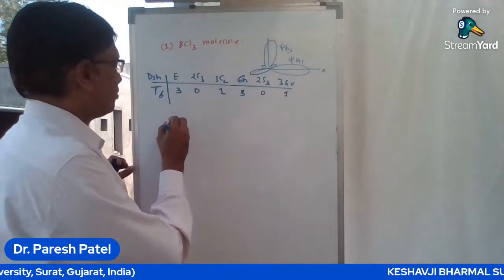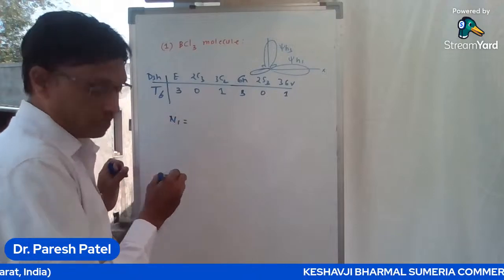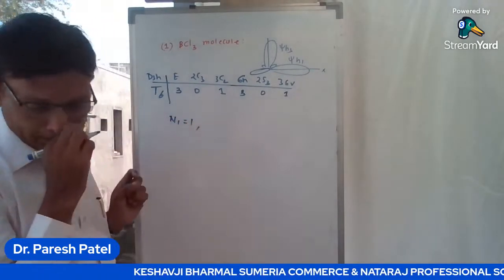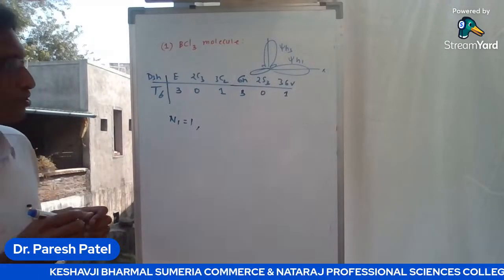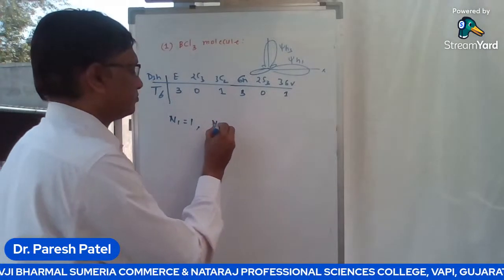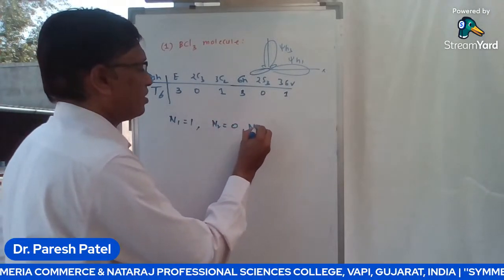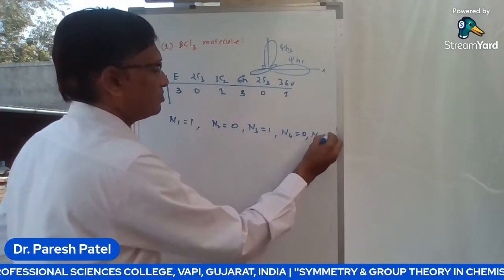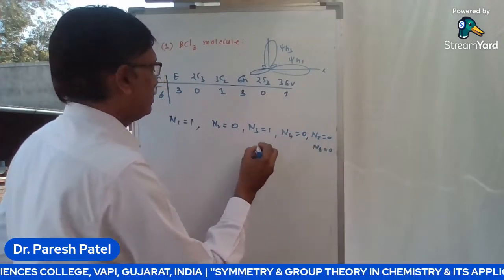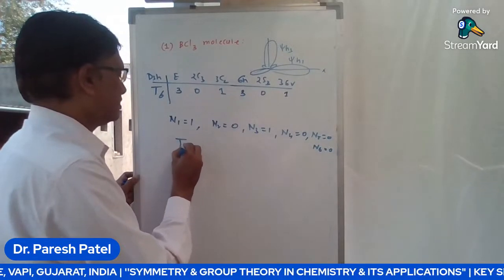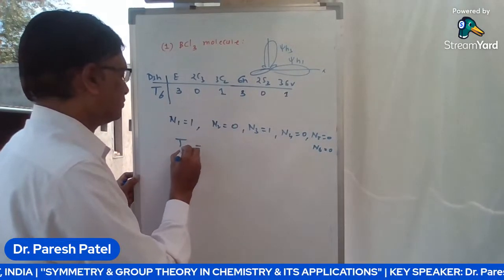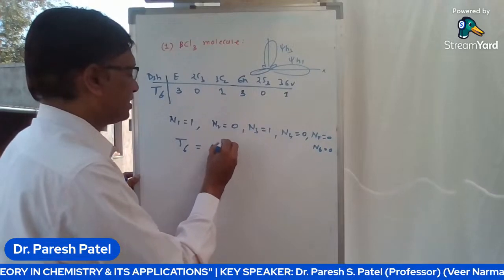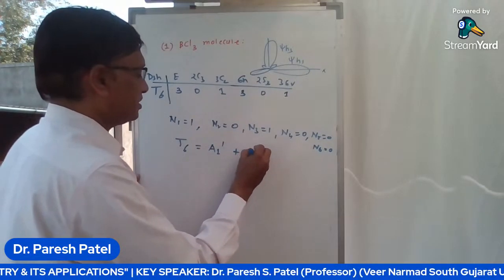So the value for n1 is equal to 1, n2 is equal to 0, n3 is equal to 1, n4 is equal to 0, n5 is equal to 0, n6 is equal to 0. It means gamma sigma is equal to a1 dash and e dash.